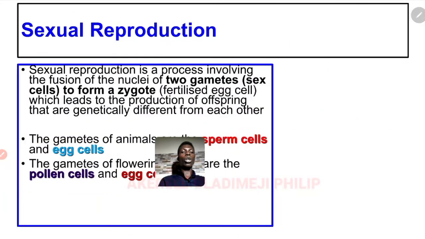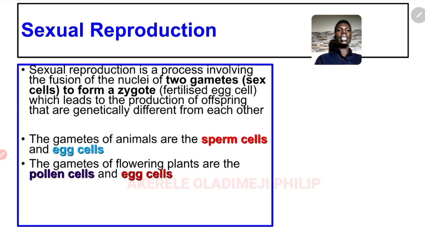Now, let's talk more about sexual reproduction. It says it's a process involving the fusion of the nuclei of two gametes, which are sex cells, to form zygotes. When we said fusion, let me get this right. Let's say this is an egg cell with the nucleus there. In humans it has 23 chromosomes. Then the sperm cell in the man has a nucleus with 23 chromosomes in it.